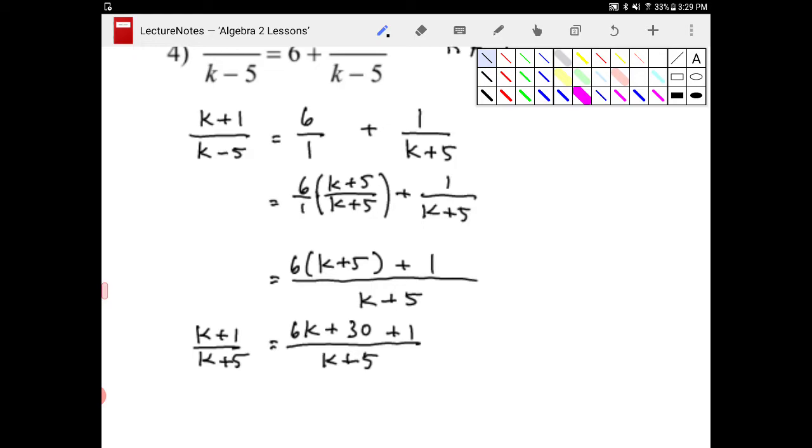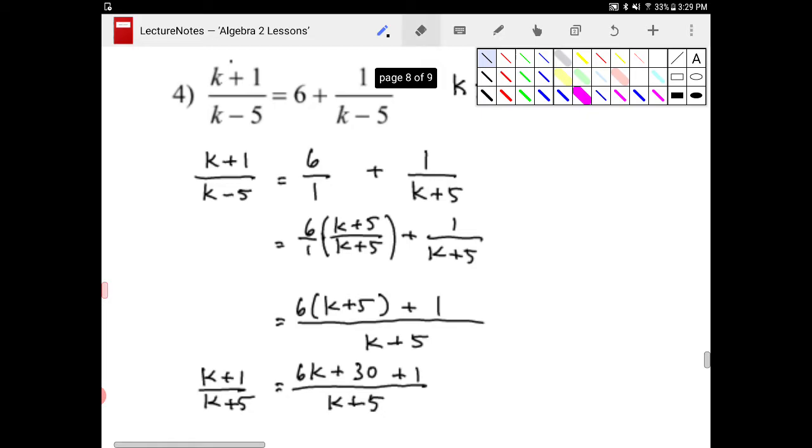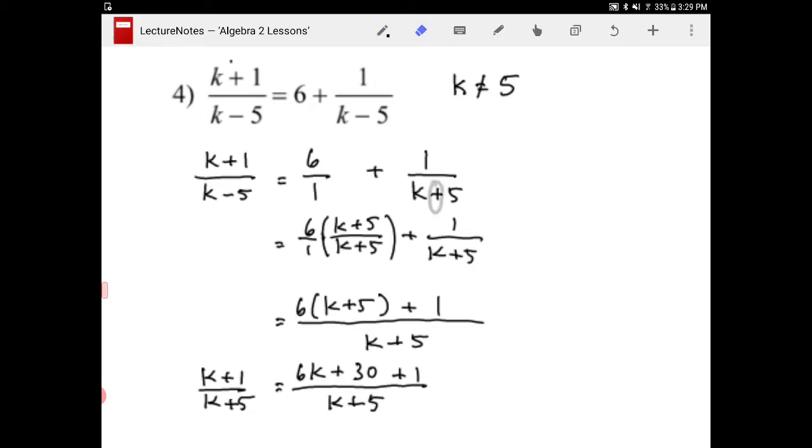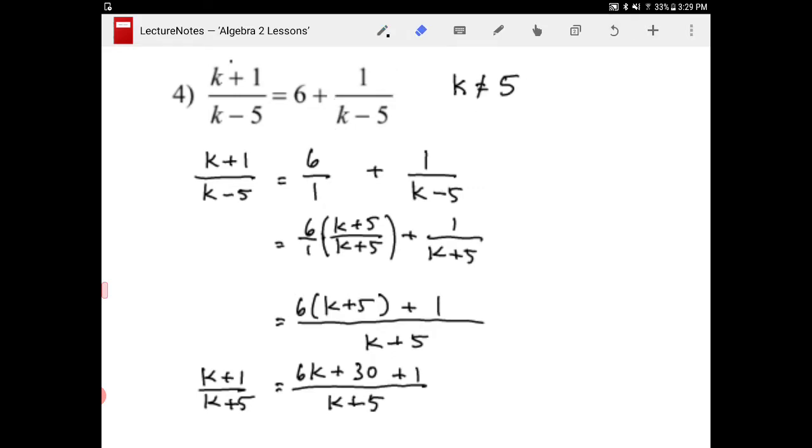Right now it looks like I made a mistake. My apologies. This is what happens when you're talking by yourself. This should be a minus, because that's what it was over here. And this is a minus, and that's a minus, and that's a minus, and then this will be a minus, and that's a minus.